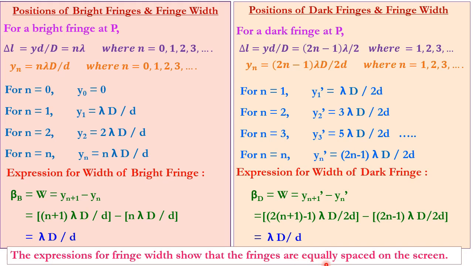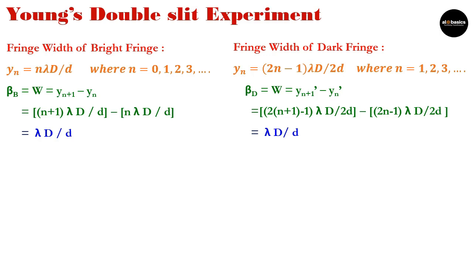It is not that bright is wider or dark is thinner, but their sizes are same, their spacings are same, and due to that we can consider that fringe widths are equally spaced. We have seen that bright fringes and dark fringes are equally spaced, means their fringe widths are same, which are given by lambda D by d.